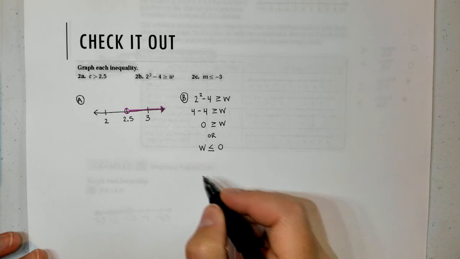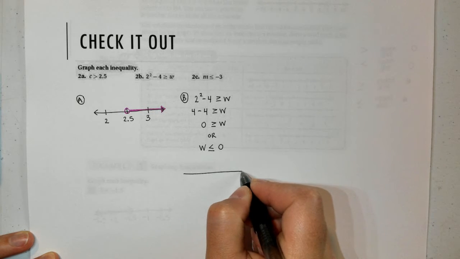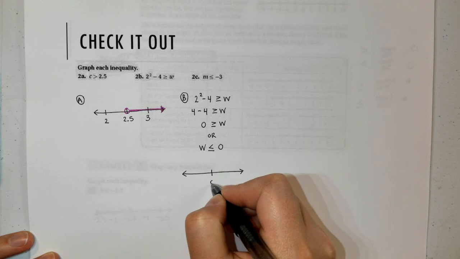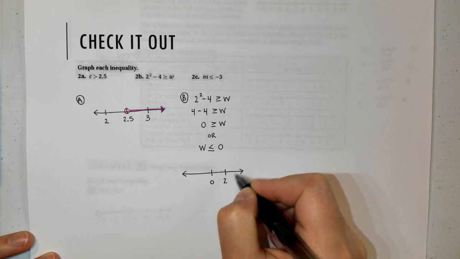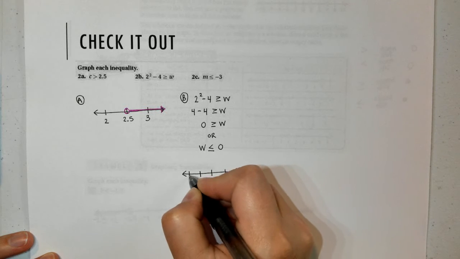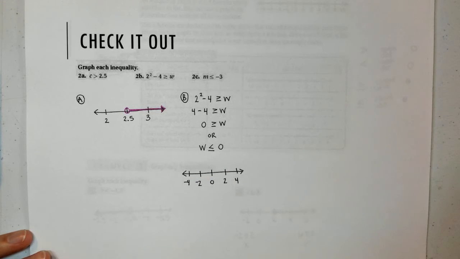Okay? And now I'm going to draw my number line. So we have 0, say 2, 4, and then over here, -2, -4.